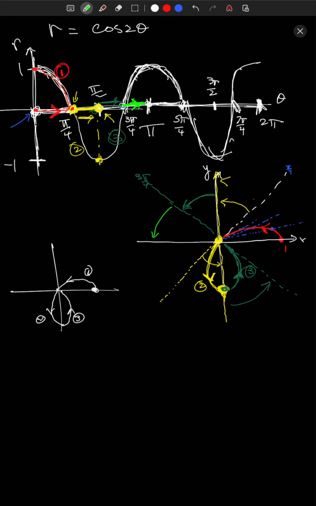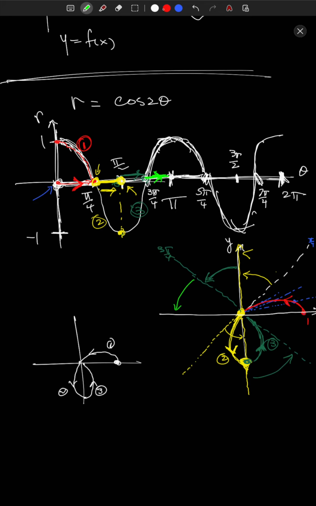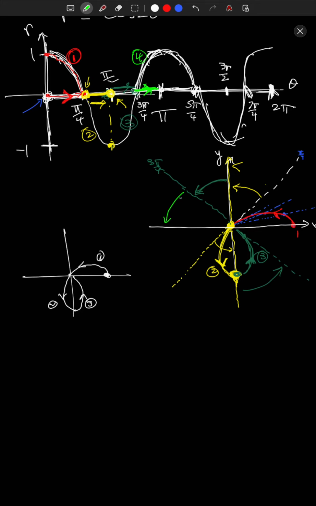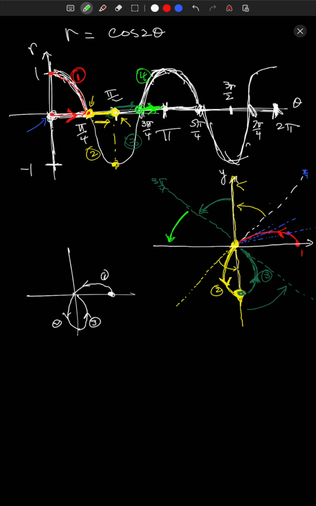Okay, let's see. Our theta graph is positive throughout that region. And so we're actually going to be drawing in this region here, as opposed to the opposite side. And we're going to be going from r equals 0 until we get to r equals 1. R is increasing until it gets to r equals 1 at the angle pi. So 3 pi over 4 right there.